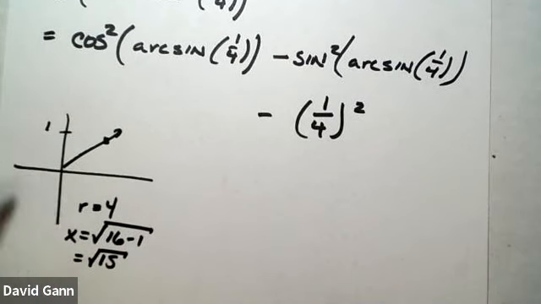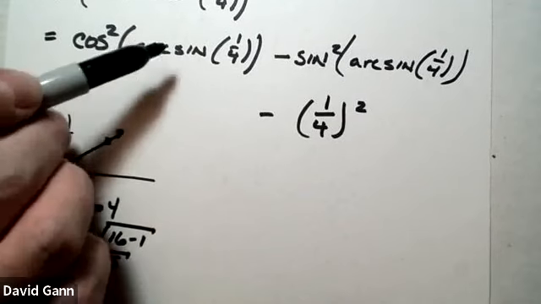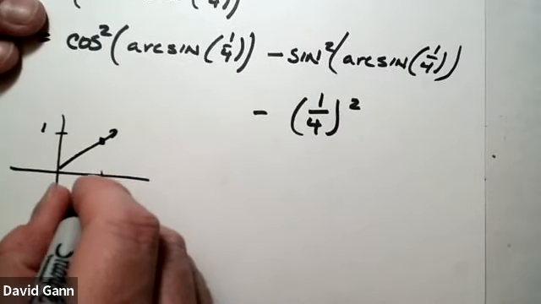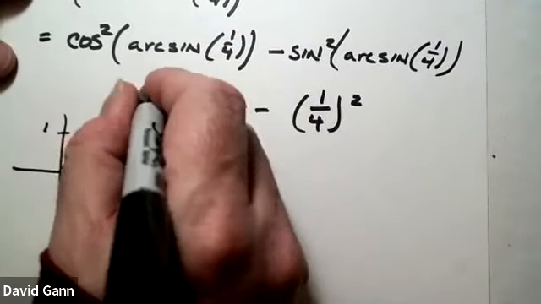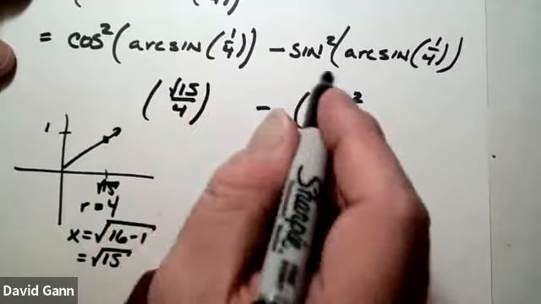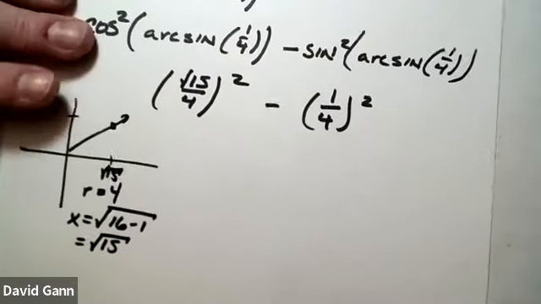So what's the cosine of this angle? I mean, that's what this is saying. Cosine of that angle, right? The cosine of that angle is going to be x over r. So we have square root of 15 over 4, and then don't forget that it's squared, right? So that makes it a little bit cleaner.